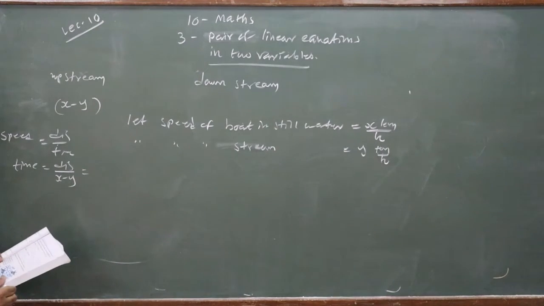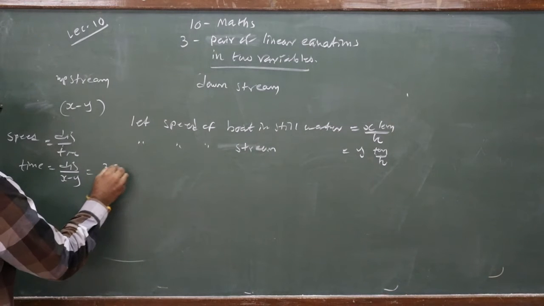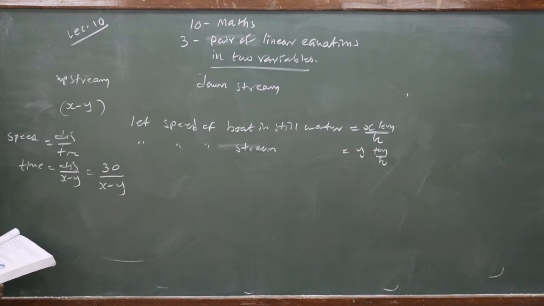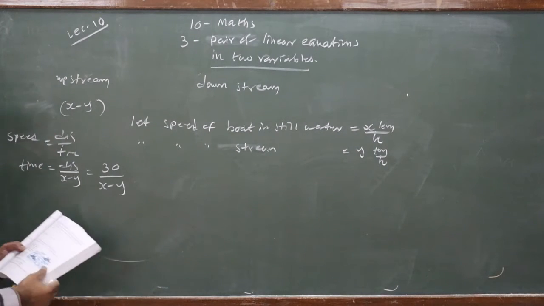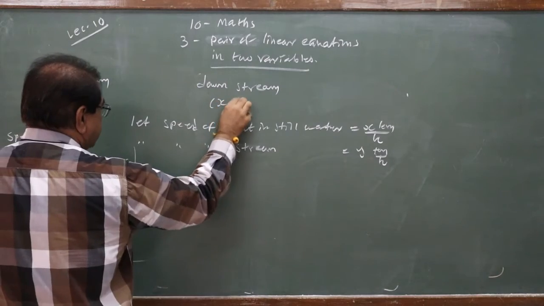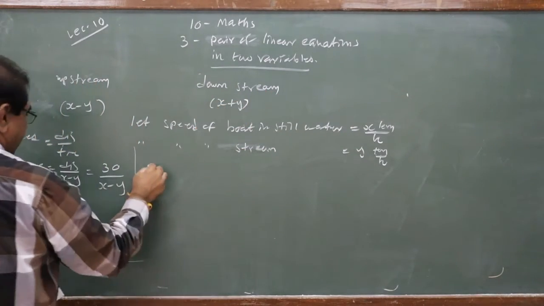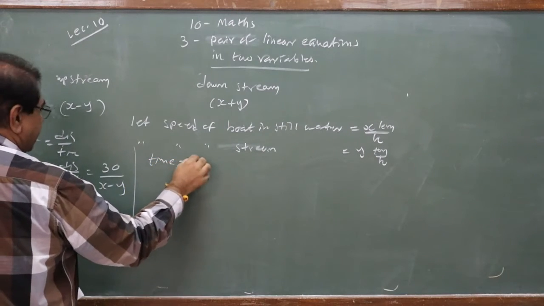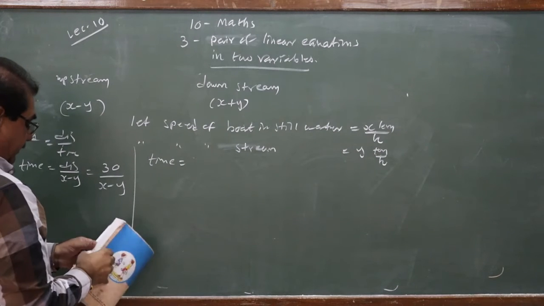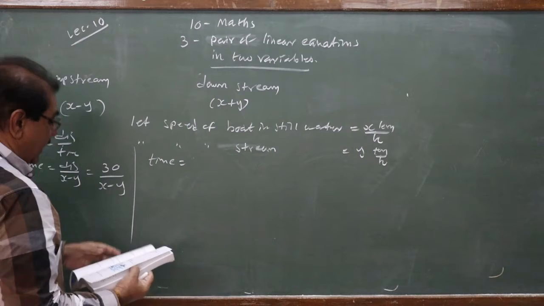And distance is how much? It is 30 kilometers to go. So 30 kilometers upon x minus y is time 1. Now for downstream the speed will be x plus y, because the water current supports the boat. The distance is 44 kilometers downstream.